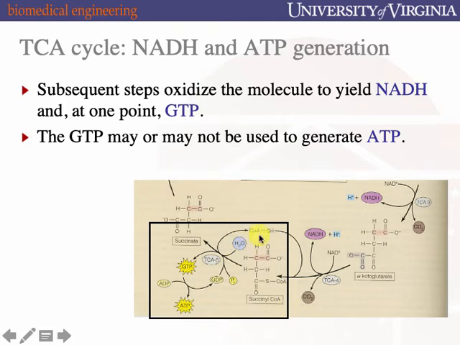And this is generating a nucleoside triphosphate, GTP, a form of substrate level phosphorylation, except involving GTP, generation of GTP instead of ATP.